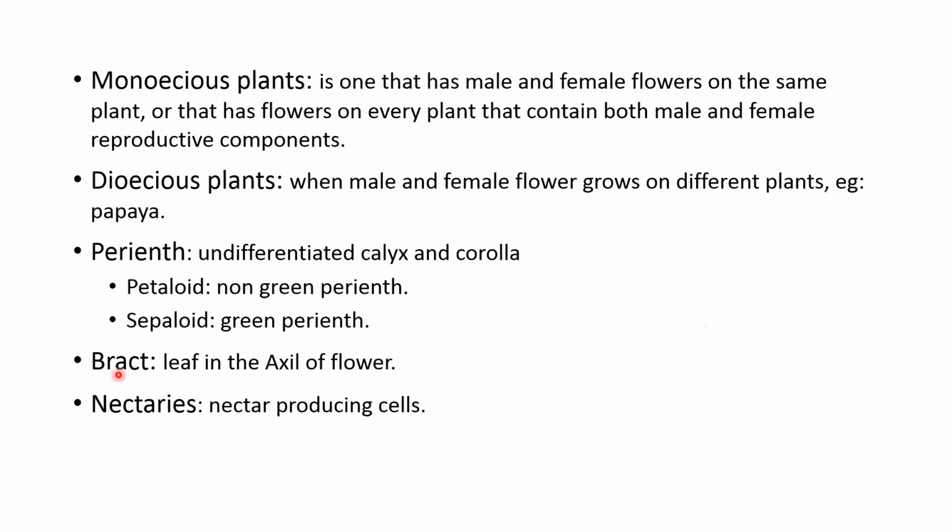Bract. What is bract? Bract is a leaf in the axil of the flower. What is the axil of a flower? Suppose this is a branch of a plant, this is the stalk of a flower, and this is a flower. This angle is known as the axil. So bract is a leaf which grows in the axil of the flower. In bougainvillea flower, this bract is large and colorful, pink in color. Nectaries.